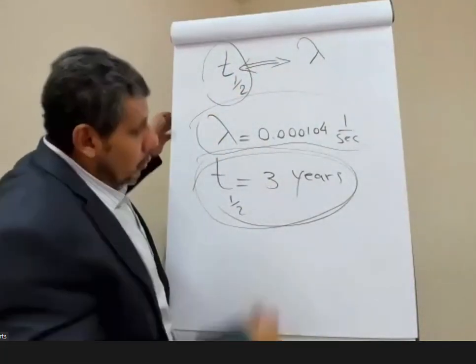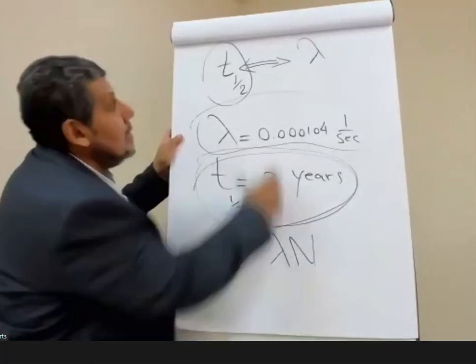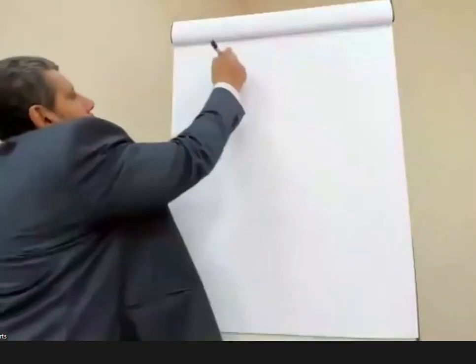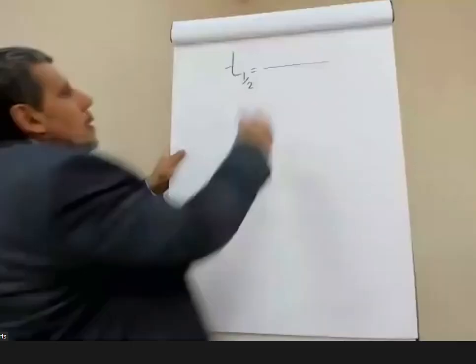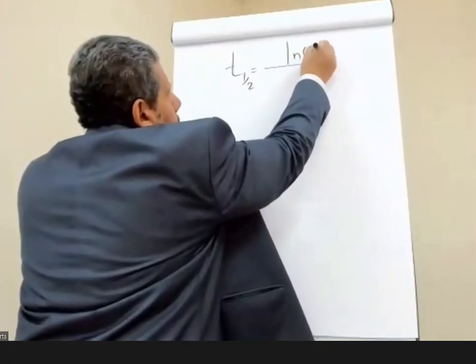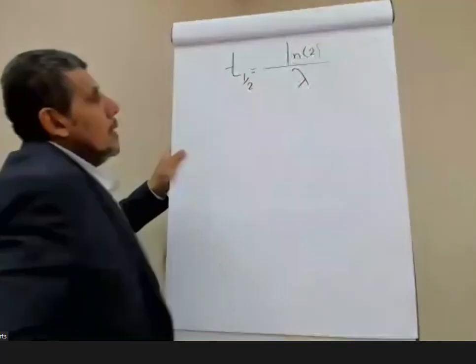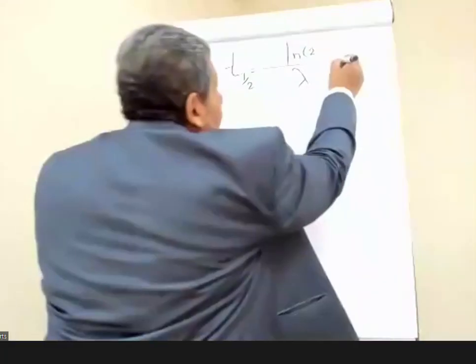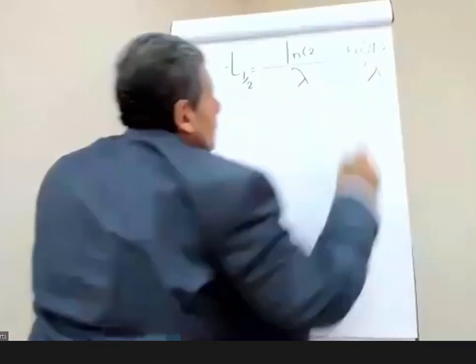And in this calculation, activity equals lambda times N, and I need lambda. So there is a relation between T half and lambda. What is the relation between T half and lambda? T half equals ln 2 divided by lambda. In the calculator, ln 2 equals 0.693.